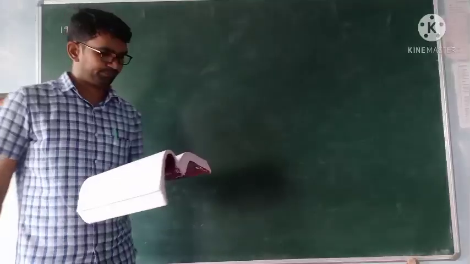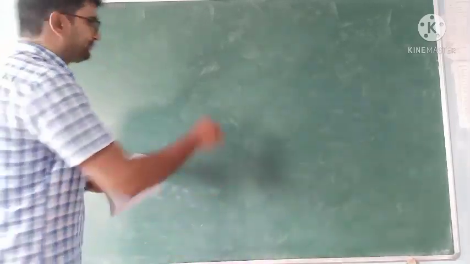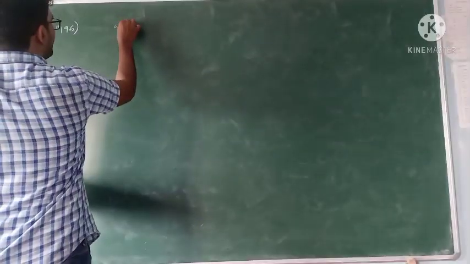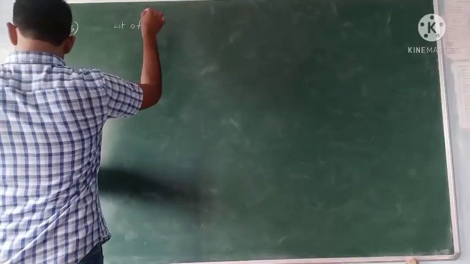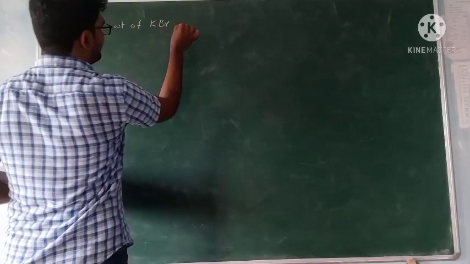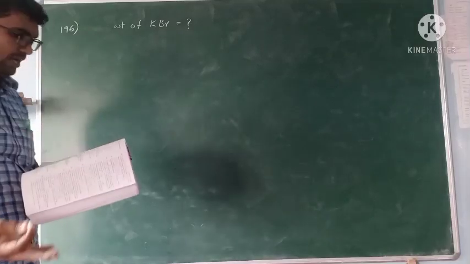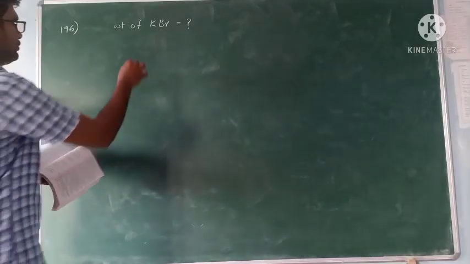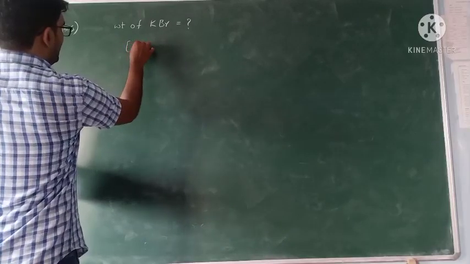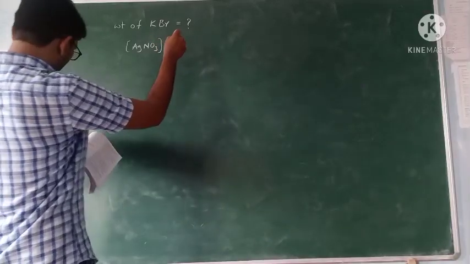196 problem. How many grams of KBr can be added? Sorry, I made a mistake. How many grams of KBr is added? We have to calculate this in this problem. It can be added to the 0.21 molarity solution of AgNO3. So the AgNO3 concentration is given.